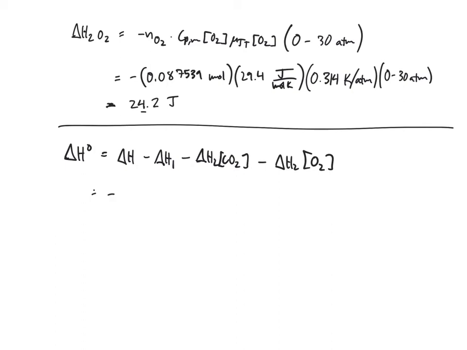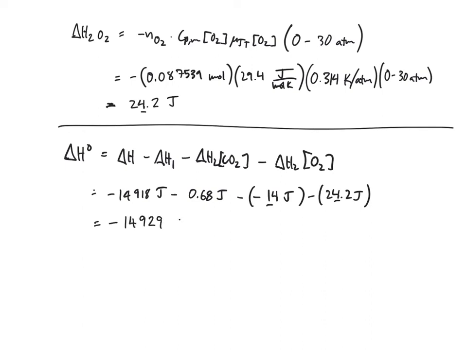So if I plug in all my numbers, I have negative 14,918 joules minus 0.68 joules minus negative 14 joules, and I'm losing track of my sig figs, but I did all this beforehand, so I should get the right number of sig figs after the fact. I add all those together, 14,929 joules for my delta H naught.